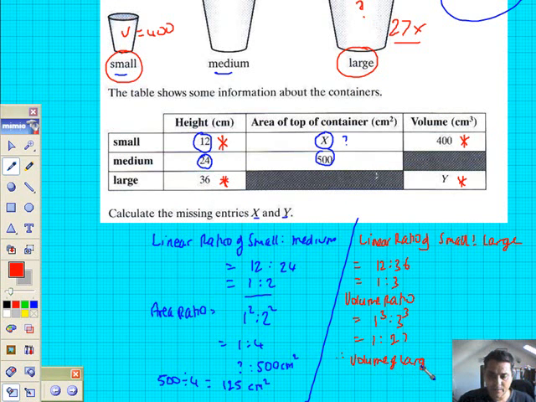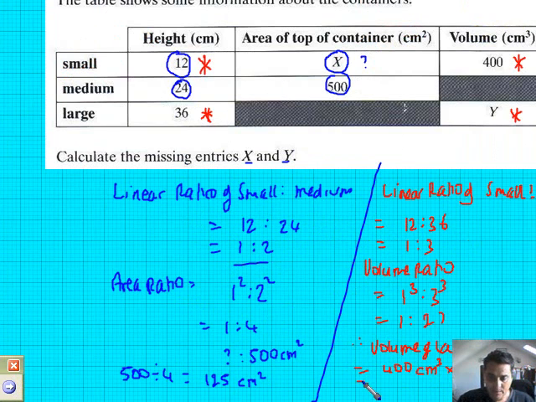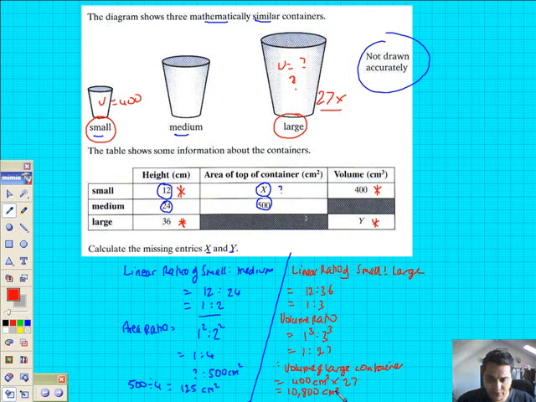So therefore, volume of large container is going to be 400 centimetre cubes, or 400 millilitres, multiplied by 27. There it is there. Right, let's do that quickly. 400 multiplied by 27, and we've got ourselves, and this is incredible, 10,800 centimetres cubed of volume.